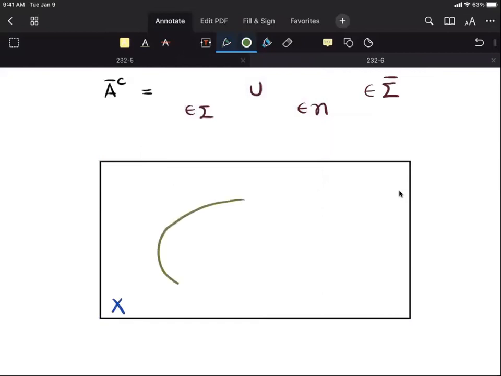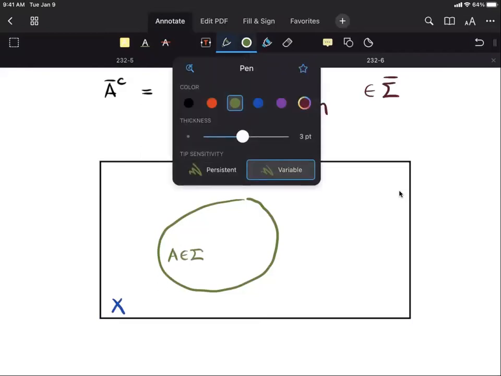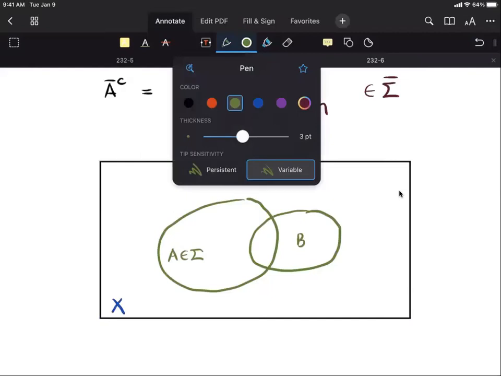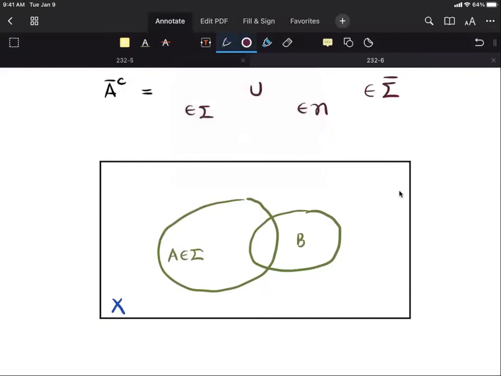So A bar is the union of two sets, A, which is in sigma, and B, which is a subset of N. Let's say this is N. It contains B. So this N is also in sigma.